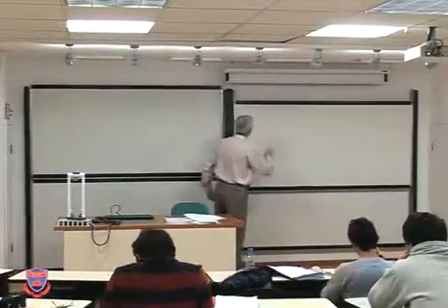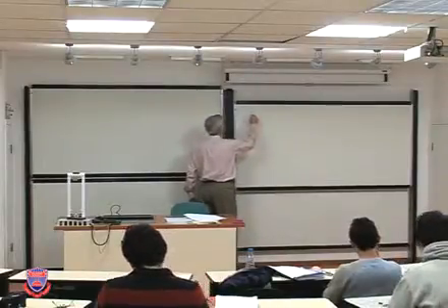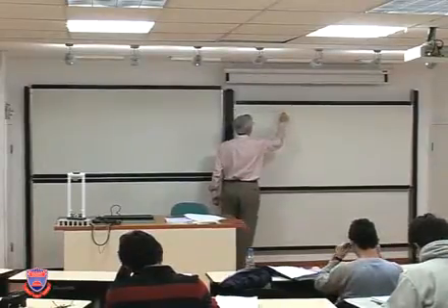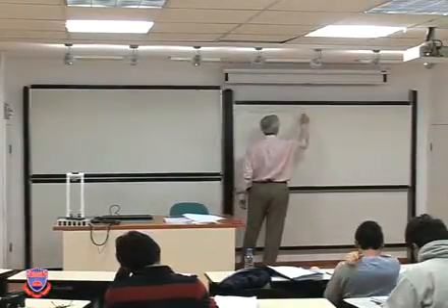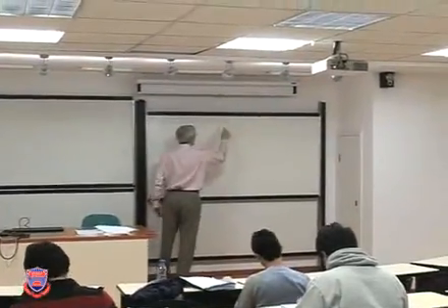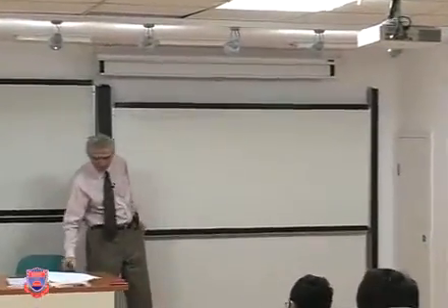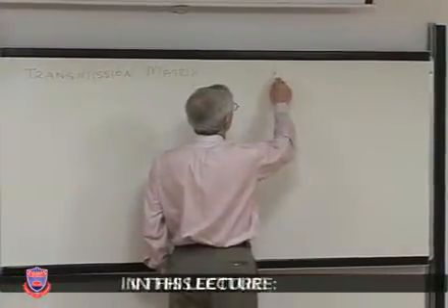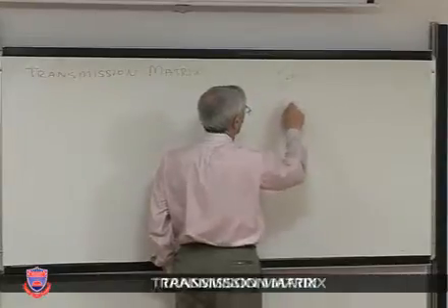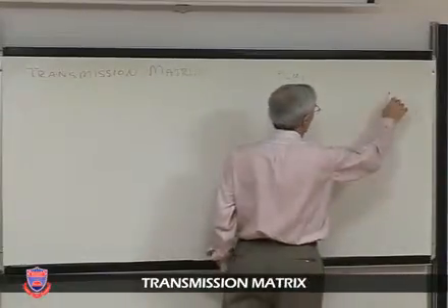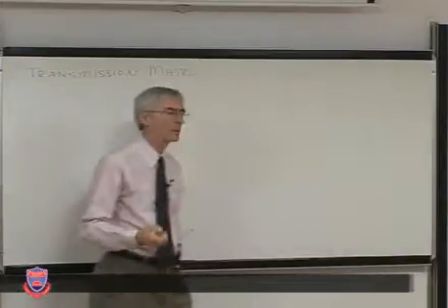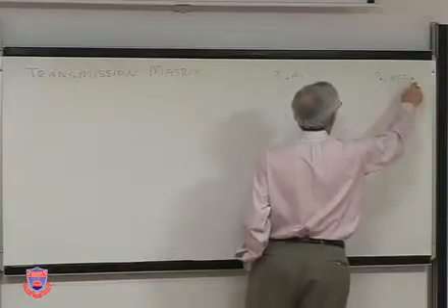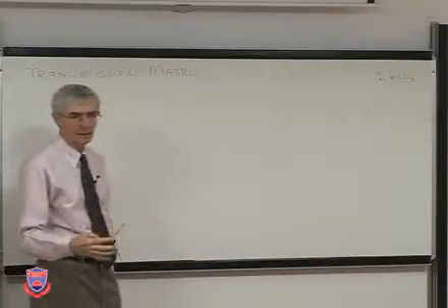Okay, last time we started the subject of the transmission matrix. And essentially what the transmission matrix does is relate pressure and particle velocity at one field point to another set of variables at another position.